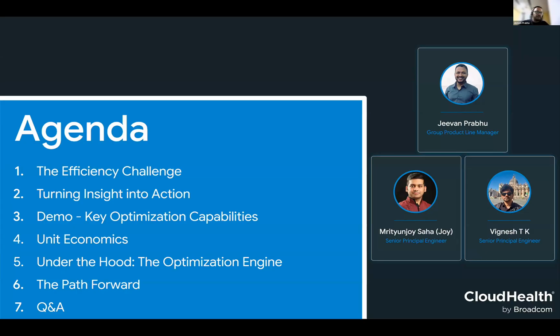I would also like to touch upon unit economics. How do we move beyond absolute cost in terms of optimization? And I will let Joy and Vignesh, who are senior technical leads in the optimization area, who build and evolve this optimization engine, which drives all the capabilities which we are able to see in NX.